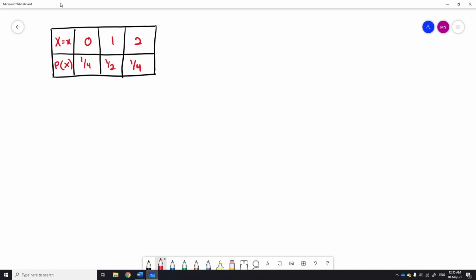Alright, now let's look at the characteristics of the probability distribution function. Now we know that the probability distribution function is also a kind of probability.